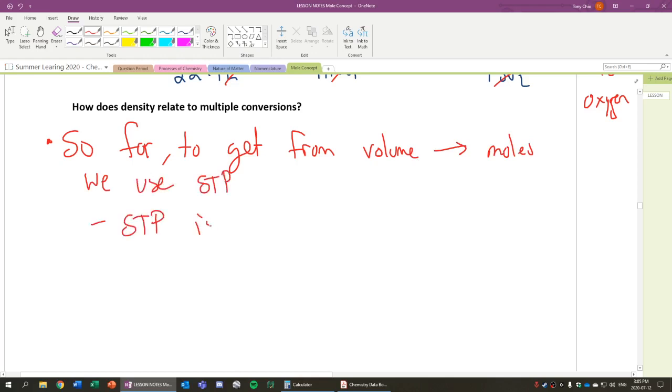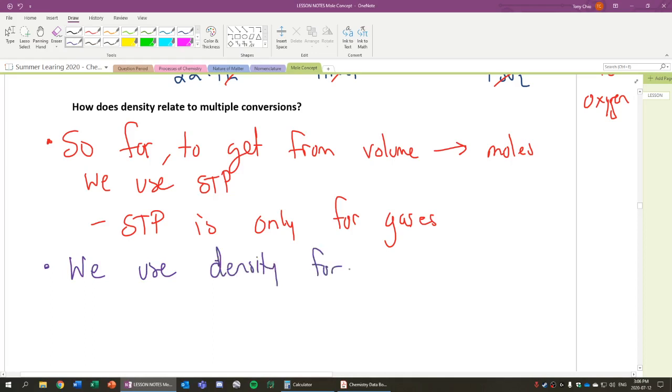STP is only for gases. So what happens if you have a gas that is not at STP? Or what if you have a solid? What happens if you have a liquid? In this case, we can't use STP anymore. We use density for solids and liquids.